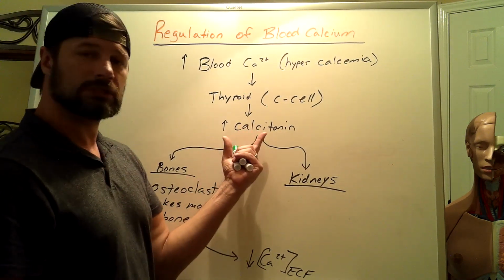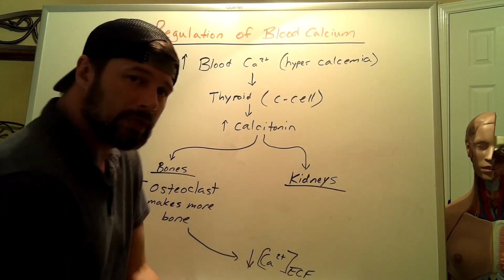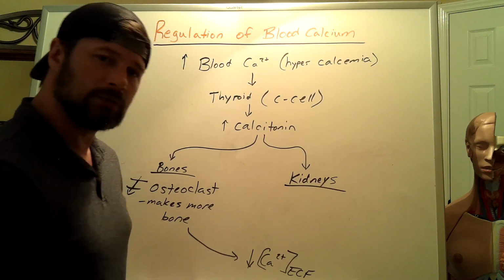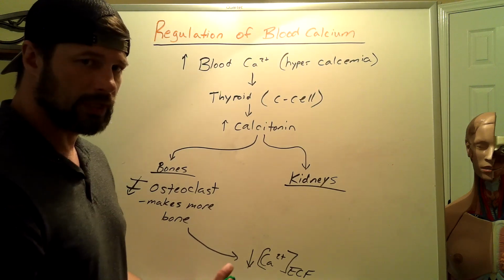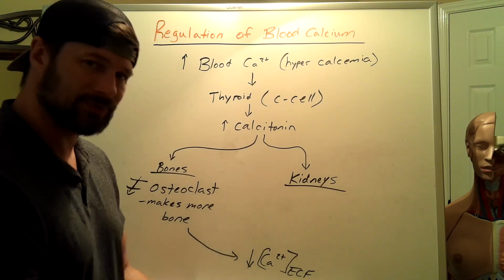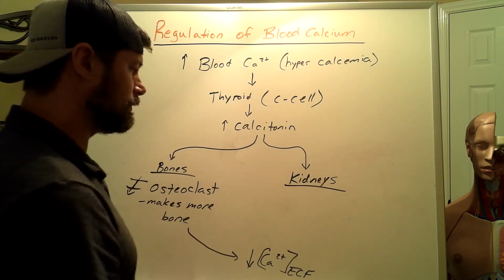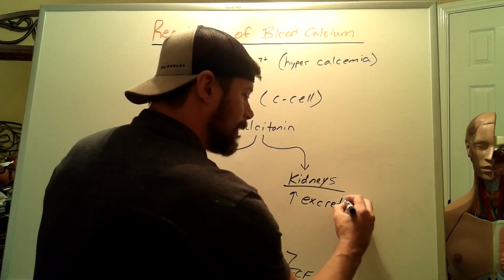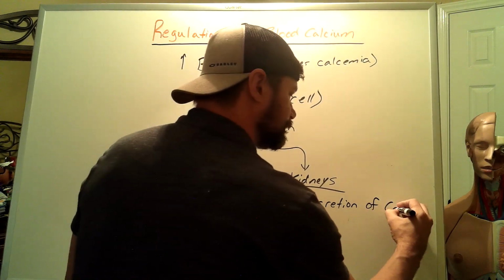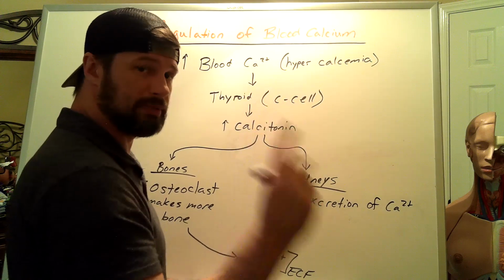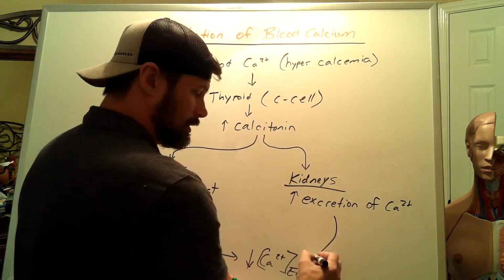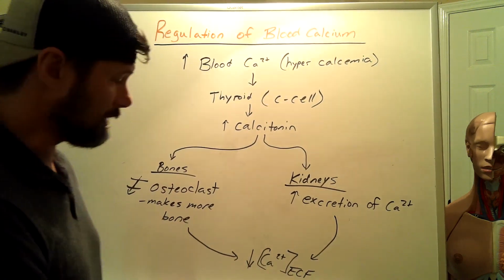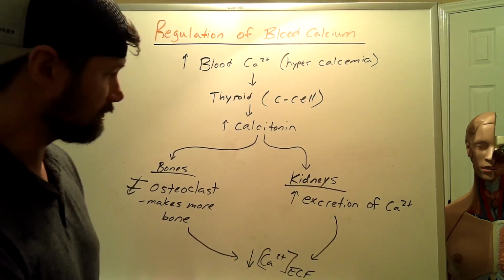If calcitonin's in the system, do we want to get rid of more calcium or do we want to retain more calcium? You got it, right? We're going to excrete more calcium. So this is going to increase the excretion of calcium. Therefore, we pee that calcium out, and as you pee that calcium out, we get rid of that calcium from the bloodstream.